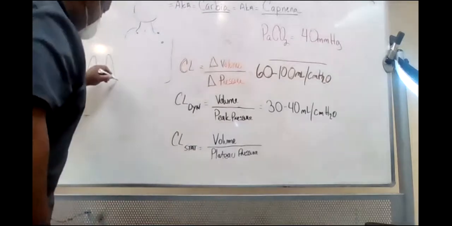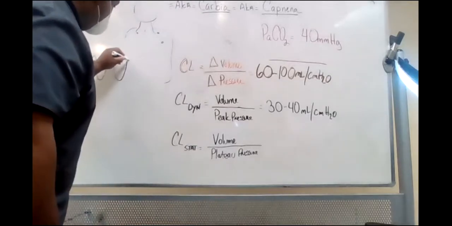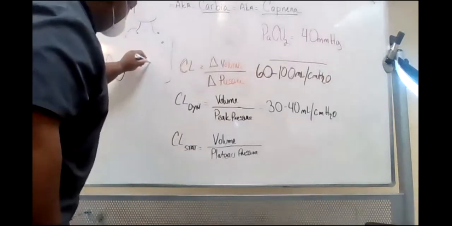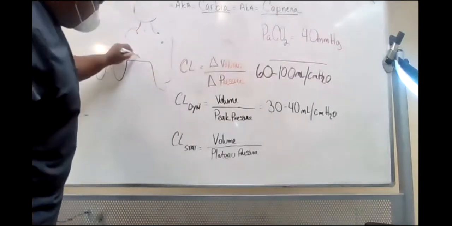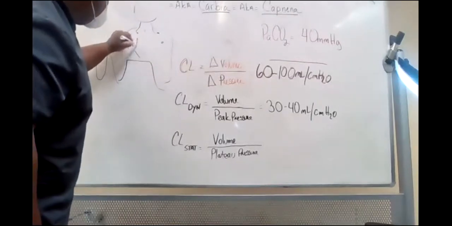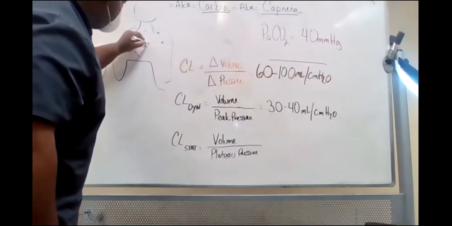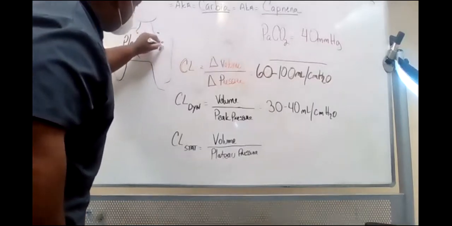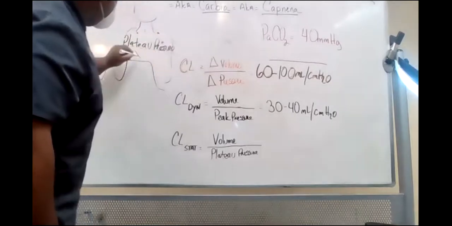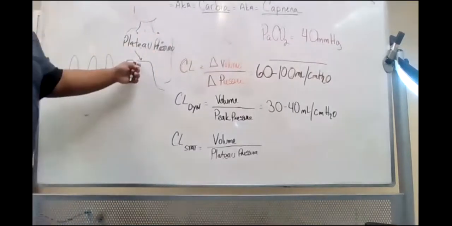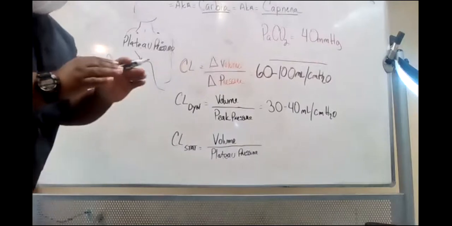So what's going to happen is it's going to inspire and then pause and then go back. This is the plateau. This will be the plateau pressure because that's where the breath was held.